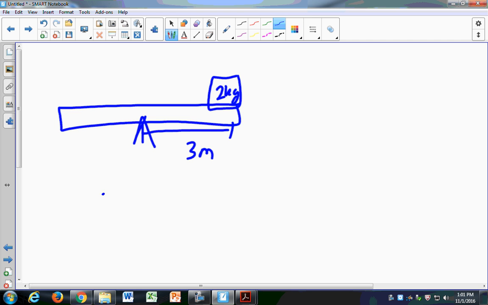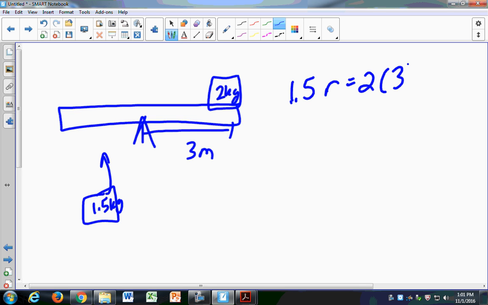And I want you to tell me where I put a 1.5 kilogram mass on this side in order to balance it. You say 1.5 times R equals 2 times 3. So R is equal to 6 over 1.5.